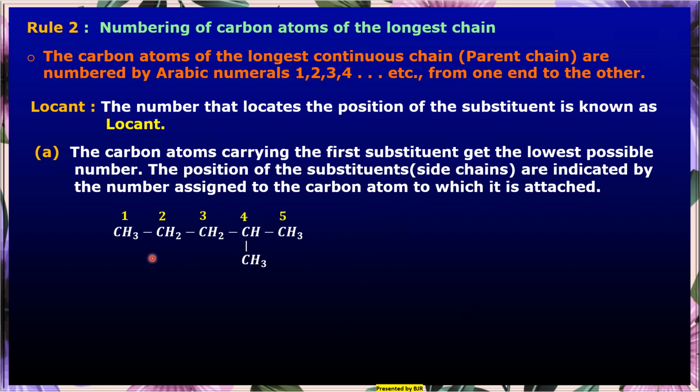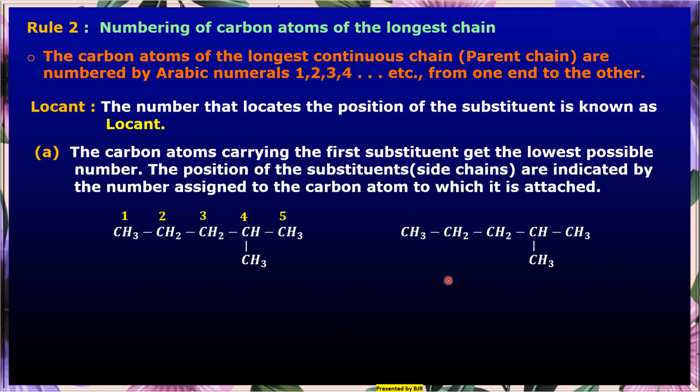If I assign the numbers from left to right, the carbon atom to which the substituent methyl is attached has got number 4. So here this is the locant. The number that locates the position of the substituent is known as locant. So in this case the locant is 4.